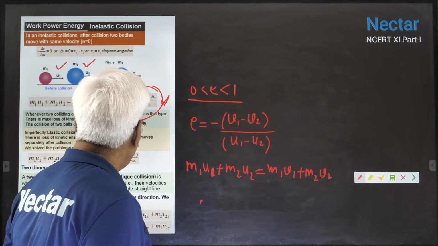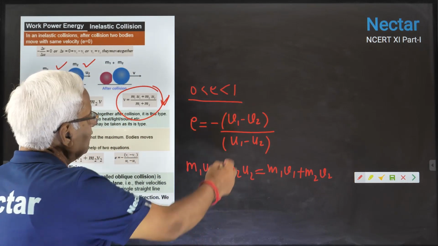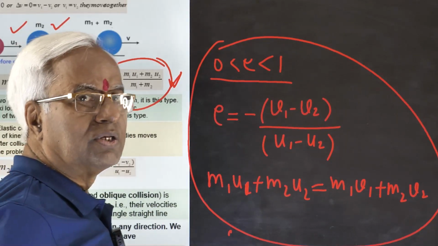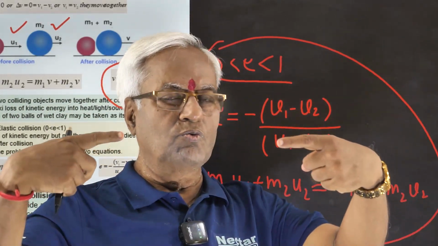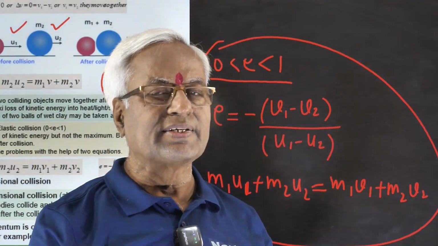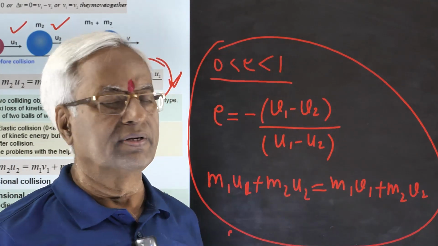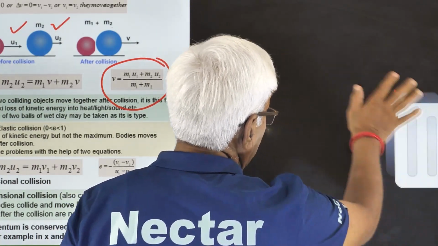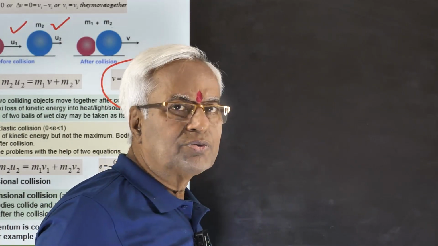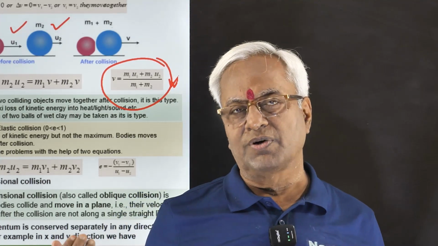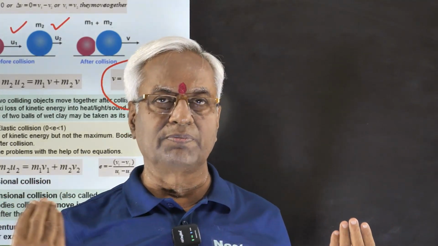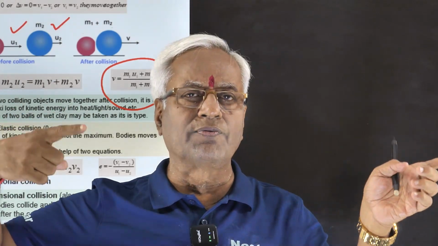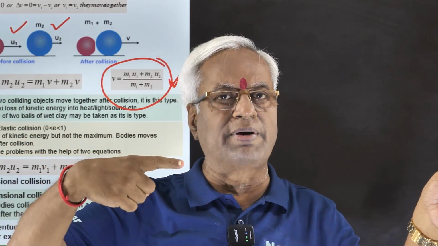Finally, you see, so far we have been discussing all the collisions which were along one axis only. These are termed as 1D collision. You say 1D only when all the velocities, you are having 4 velocities for the collision between two objects, 2 initial and 2 final, are along the same axis.